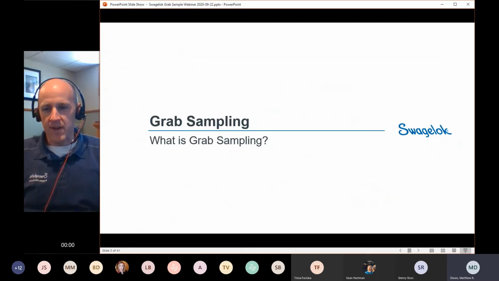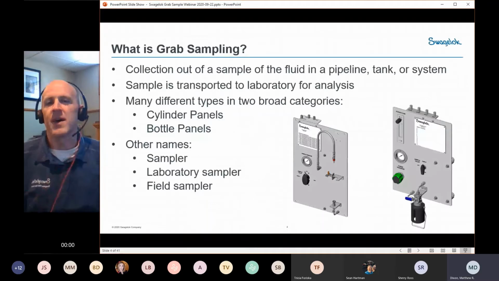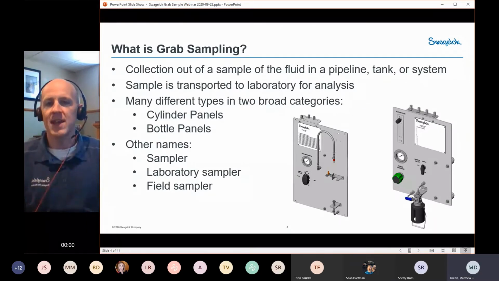So we're going to be talking a little bit about grab sampling. Let's first start off talking about what actually is grab sampling. It goes by a lot of different names, sometimes called lab sampler or just sampler or field sampler, but it's really all about taking a sample out of your pipeline, out of your tank, out of your process and taking it to a remote laboratory for analysis.